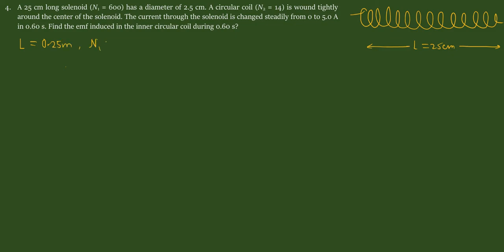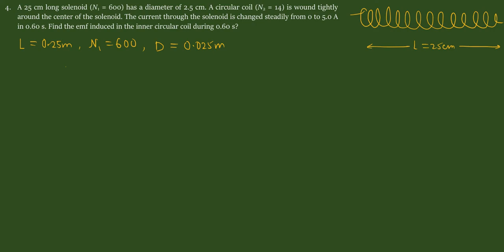So N1 is 600, and its diameter is 2.5 centimeters, but in meters it would be 0.025 meters.